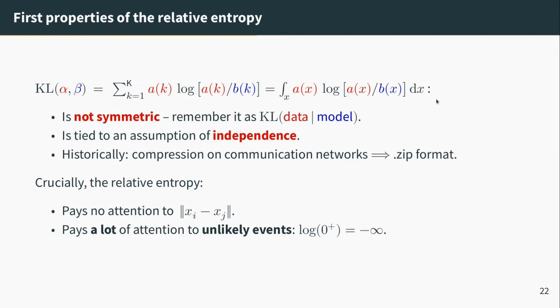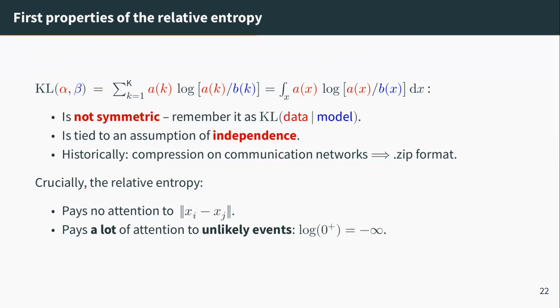Another thing I emphasize is that the use of relative entropy is tied to an assumption of independence. If your samples are related to each other in a strong way, it's probably not an excellent tool. It stops being the best tool in town.